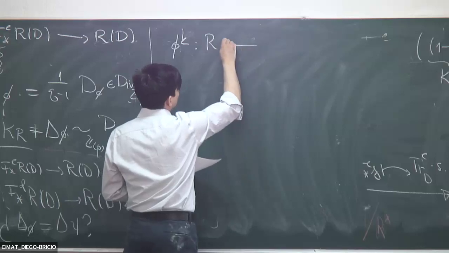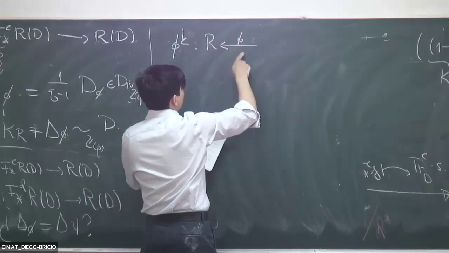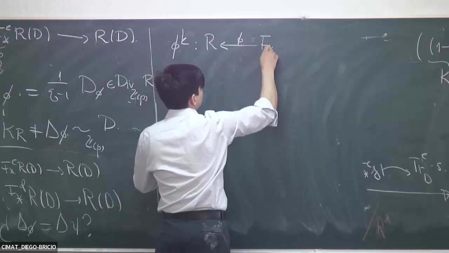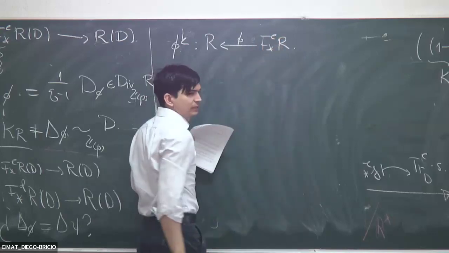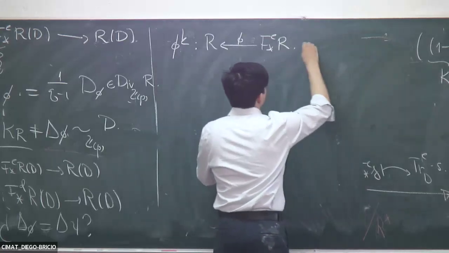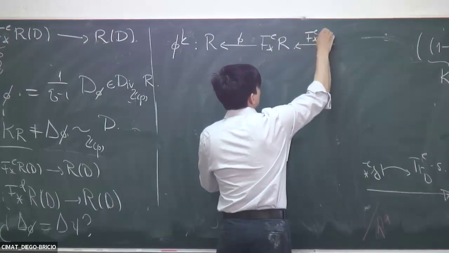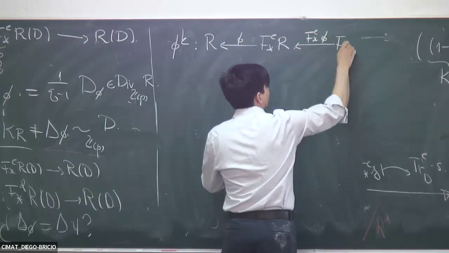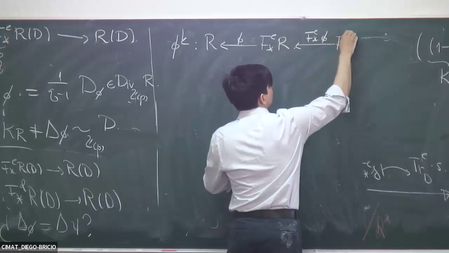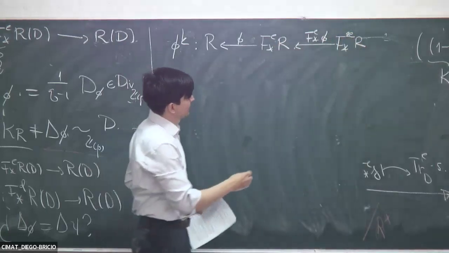So phi is a map that goes from here to here, right? So if I push it forward, then it's going to go from E plus E to ER.